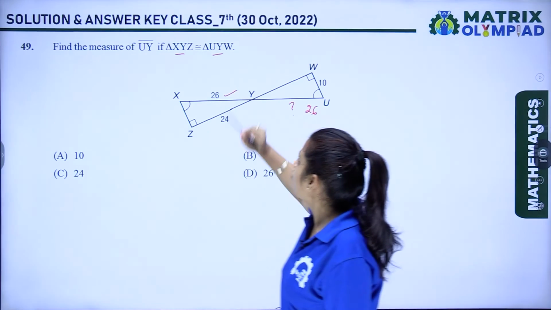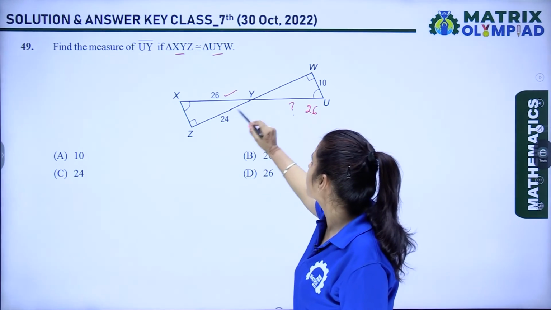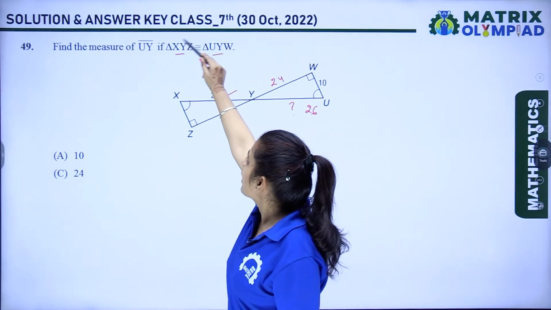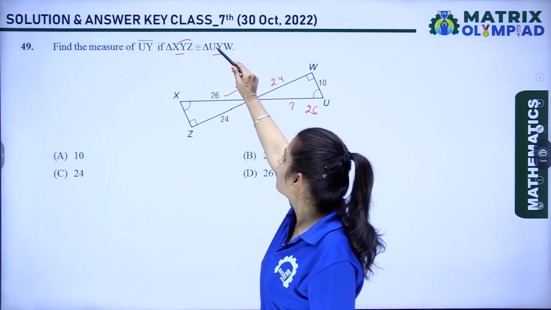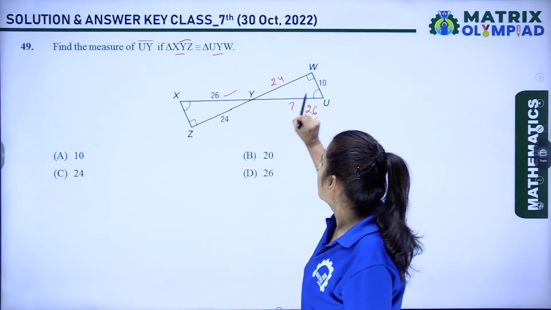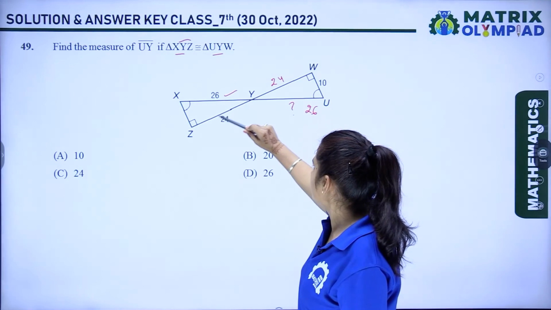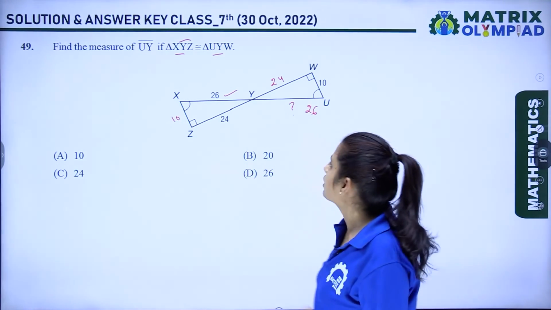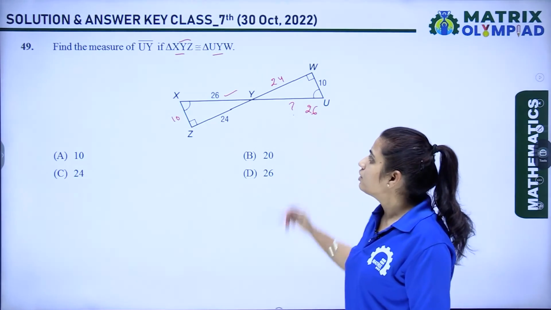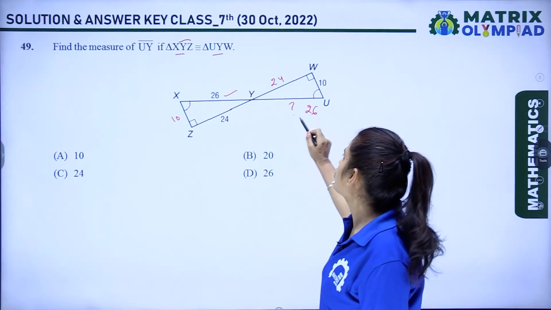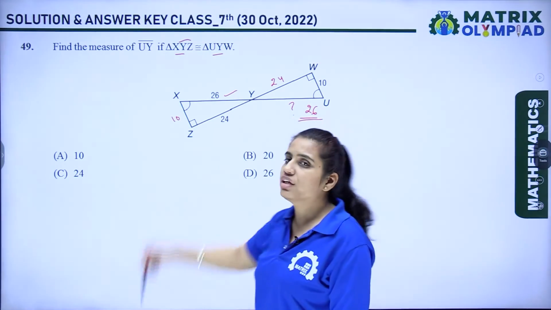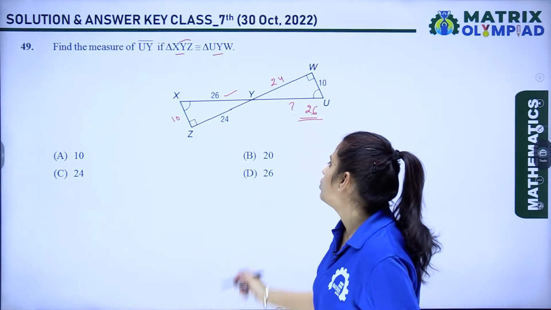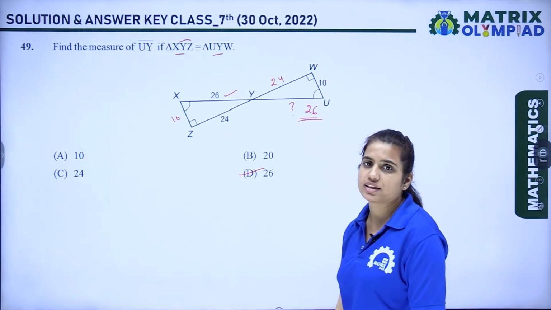YZ is equal to YW, that is 24, and the next is XZ is equal to UW, that is 10. So here the measurement of UY is 26, as it is already given in the question that the two triangles are congruent. So option D is the correct answer.